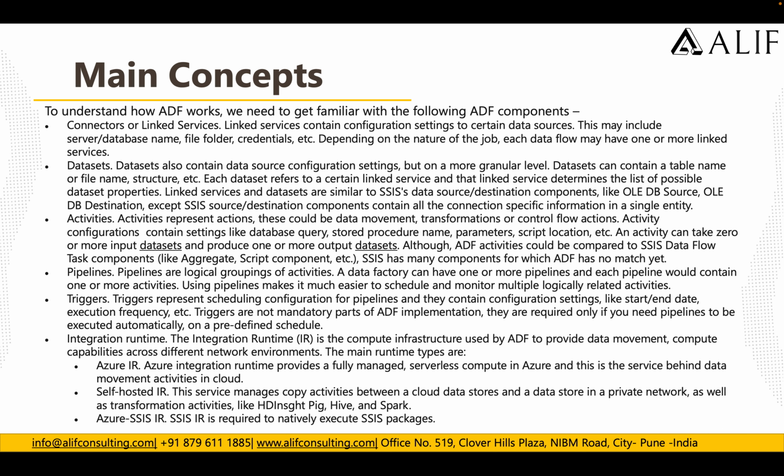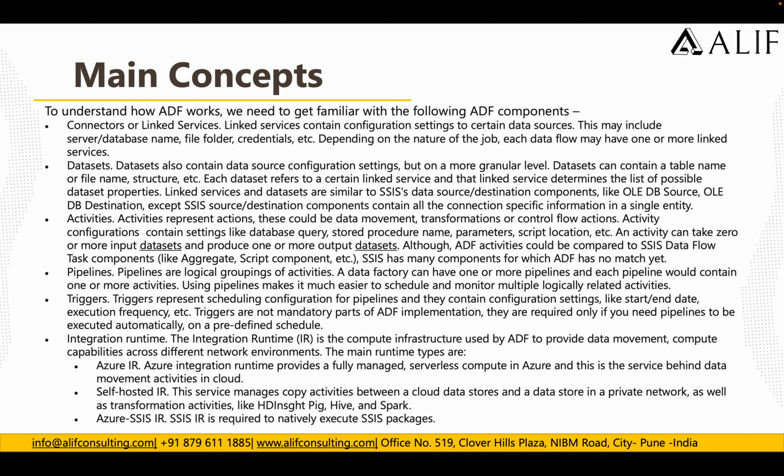Activity configurations contain settings like database queries, stored procedure names, parameters, script locations, and so on. An activity can take zero or more input datasets and produce one or more output datasets.